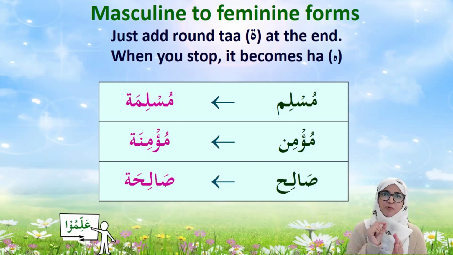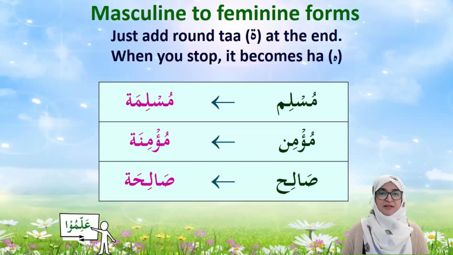So right now I taught you Muslim becomes Muslimah. Mu'min becomes Mu'minah. Salih becomes Salihah. Now, can you give me the feminine of Muslim? Muslima, very good. The feminine of Mu'min?